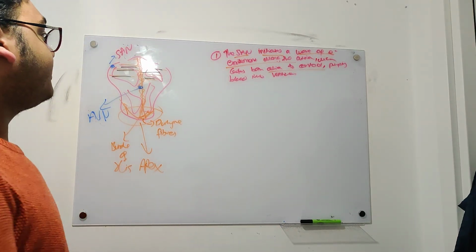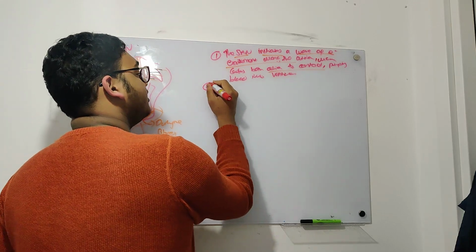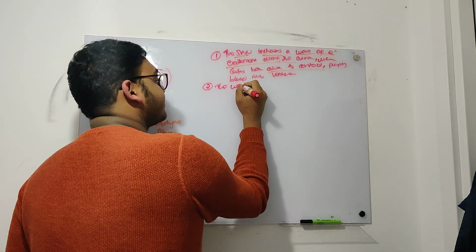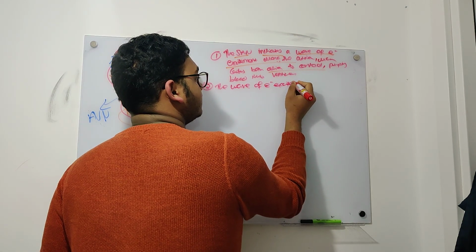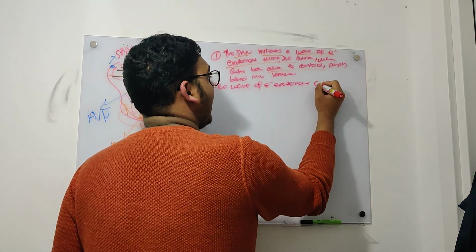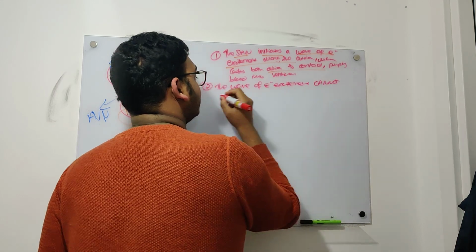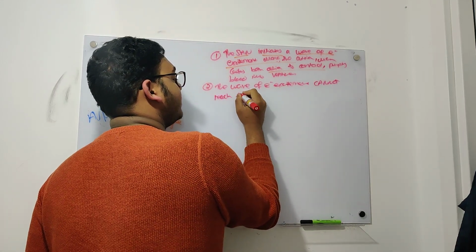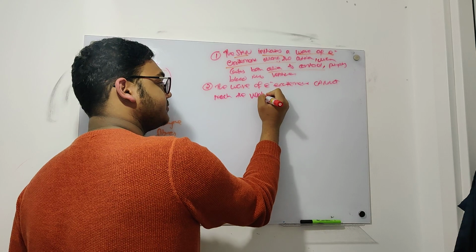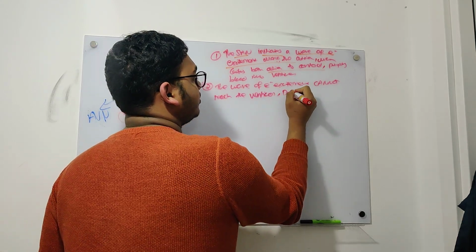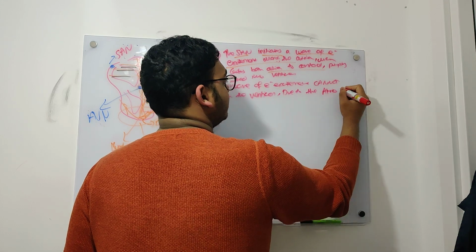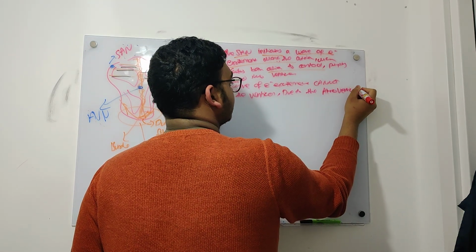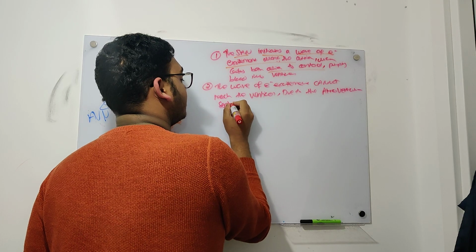The second step is that the wave of electrical excitement cannot reach the ventricles due to the atrioventricular septum.